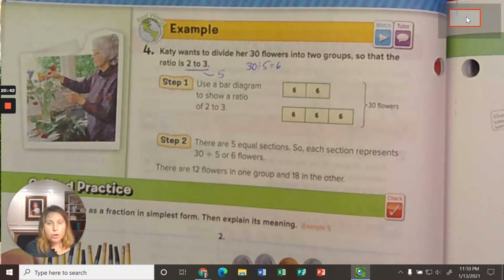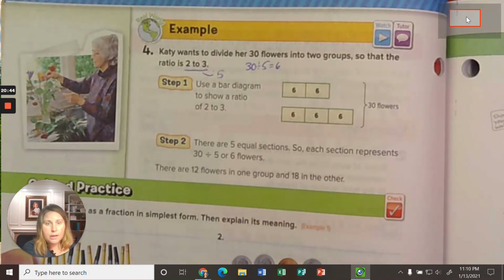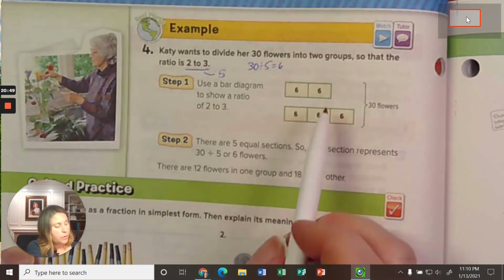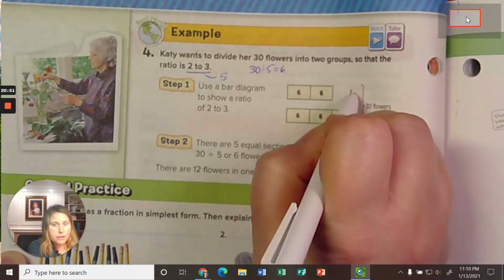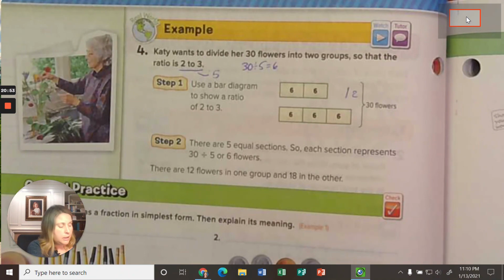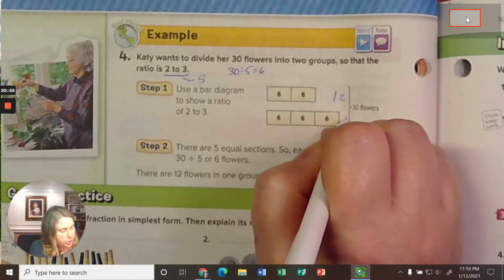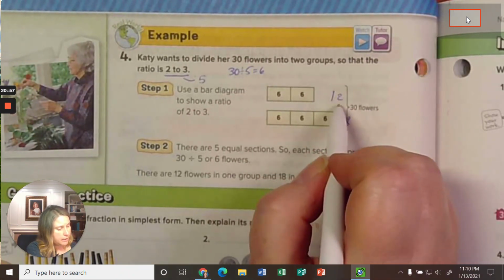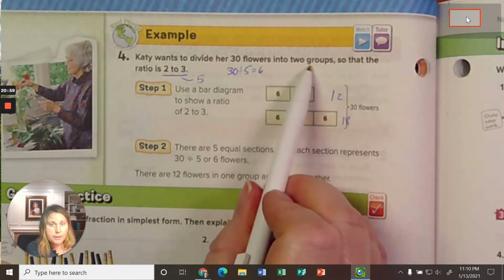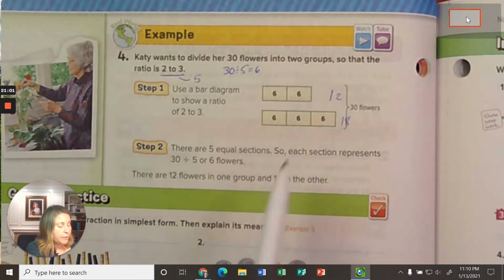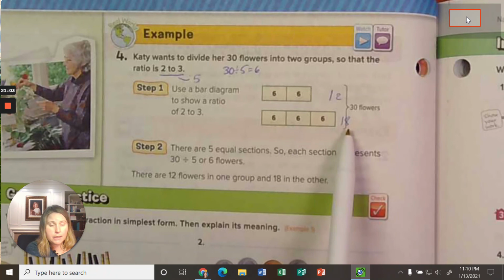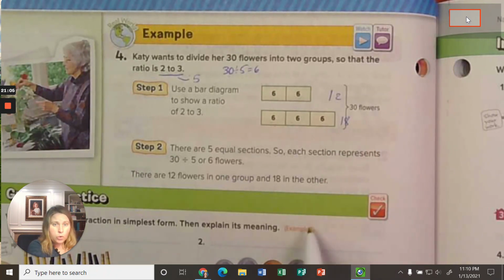So there are 5 equal sections, and each section has 6 flowers. And this tells us that there are going to be 12 flowers in one group and 18 flowers in the other group. They didn't say rows, they said groups. So 12 flowers in the first group and 18 flowers in the second group, for a total of 30 flowers.